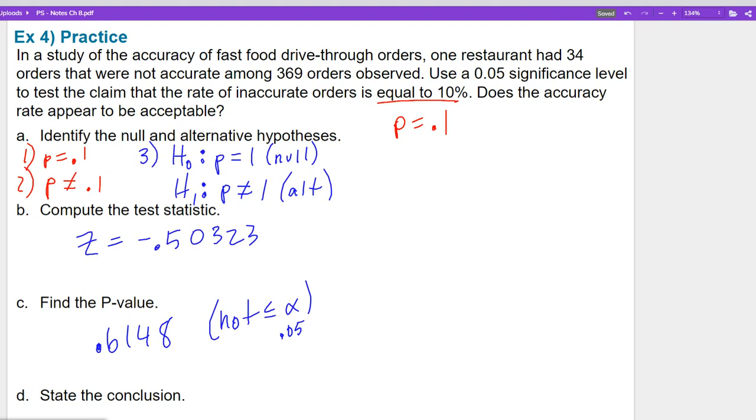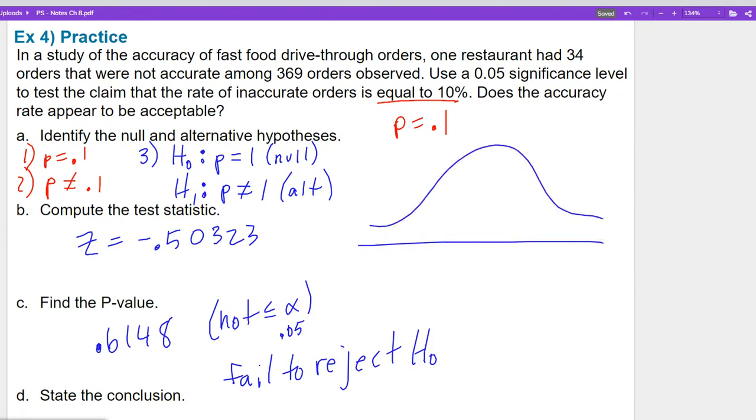So state the conclusion. Well, what have we got? Well, that's pretty obvious that we're going to fail to reject the null hypothesis. By the way, we didn't have to draw it, but this one is two-tailed.